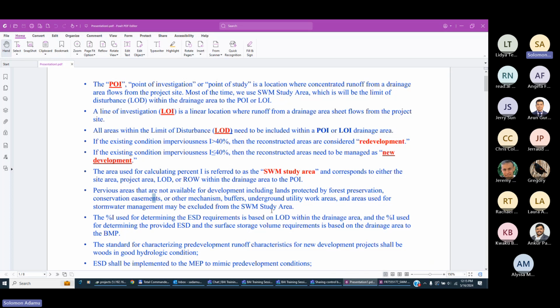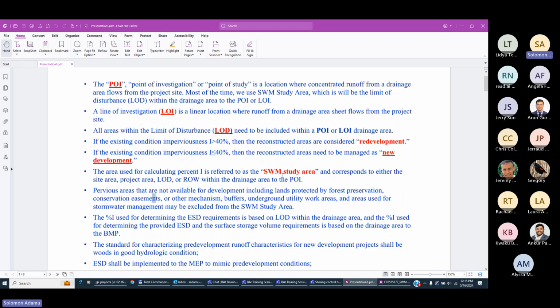from the stormwater management study area. This matters because if we have a larger stormwater management study area, then this ratio will always be less than 40%. Less than 40% means our project is classified as new development. That means more stormwater management requirement than redevelopment, so we need to provide more treatment.